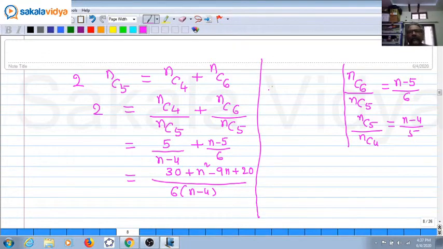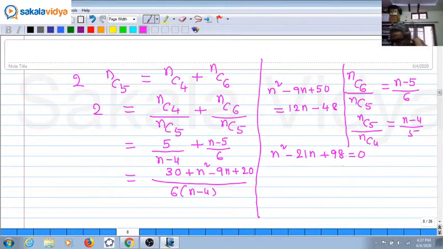We get n square minus 9n plus 50 equals 12n minus 48. Here we can write n square minus 21n plus 98 equals 0. It's a quadratic equation in n. Understood now?